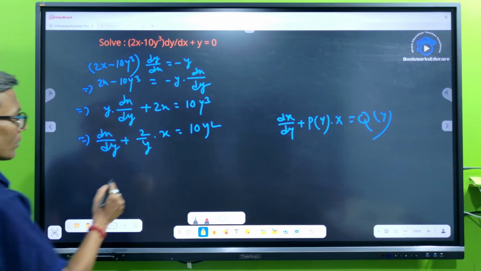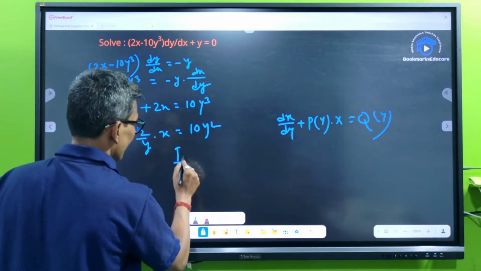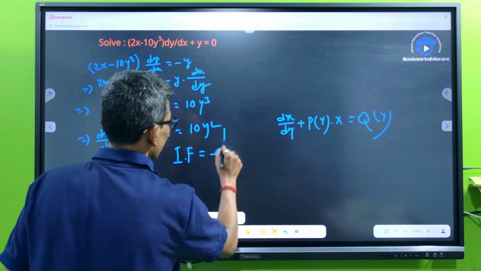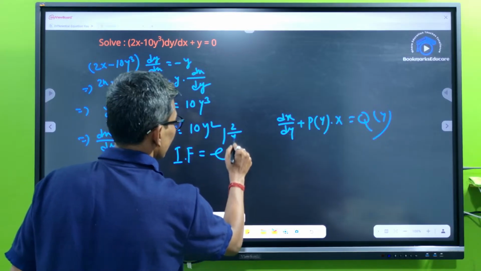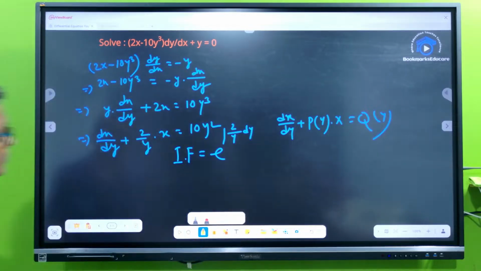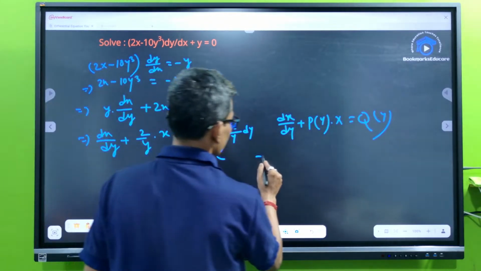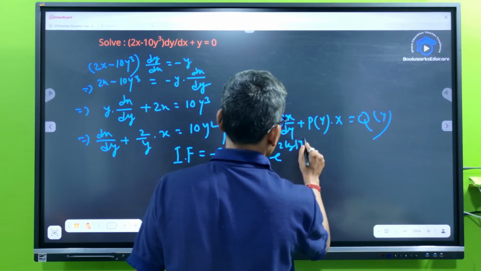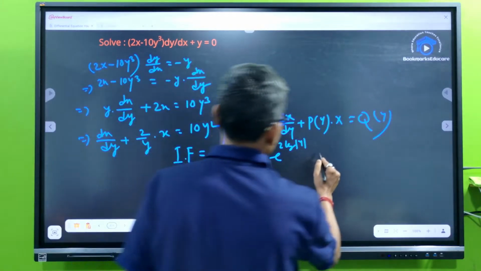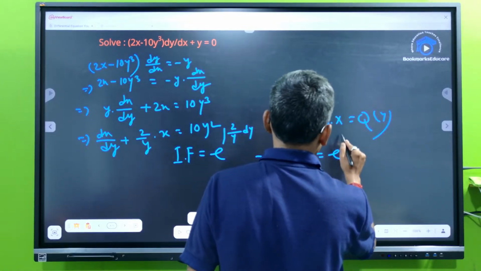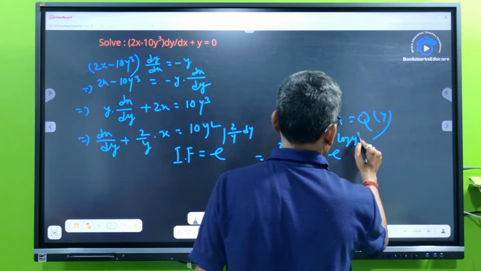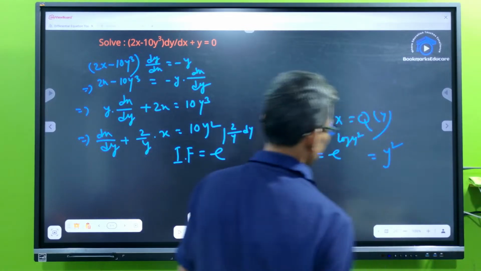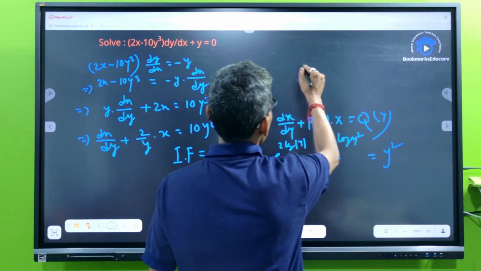So the integrating factor, IF, is equal to e to the power integral of 2 by y dy. So e to the power log of mod y, e to the power log y square, that means y square, because this is the formula of logarithm.